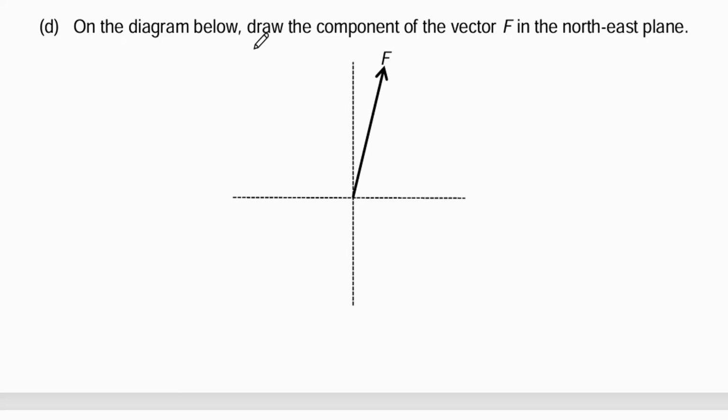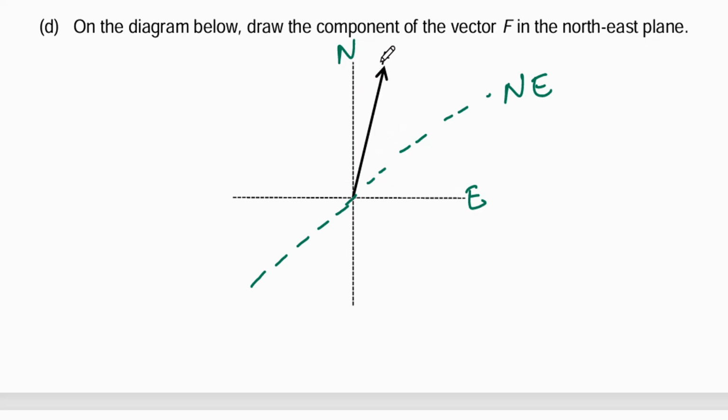Then in D, we have to draw the component of the vector F in the northeast plane. So let's draw the northeast plane. So this will be northeast. Remember, this is north and this is east.